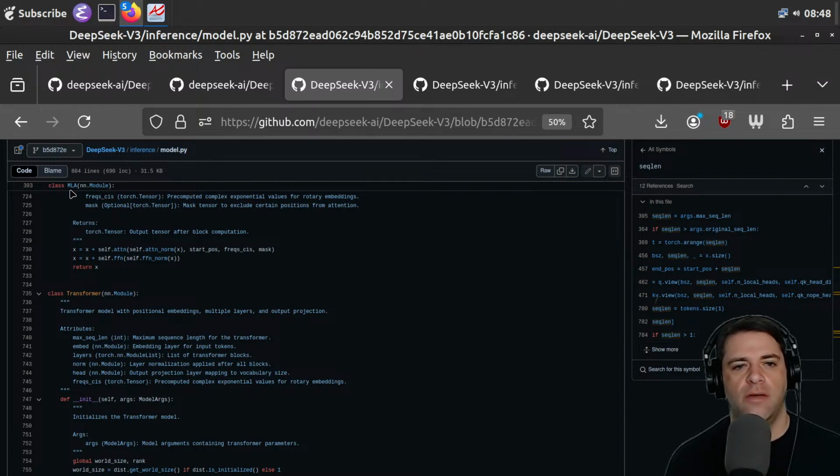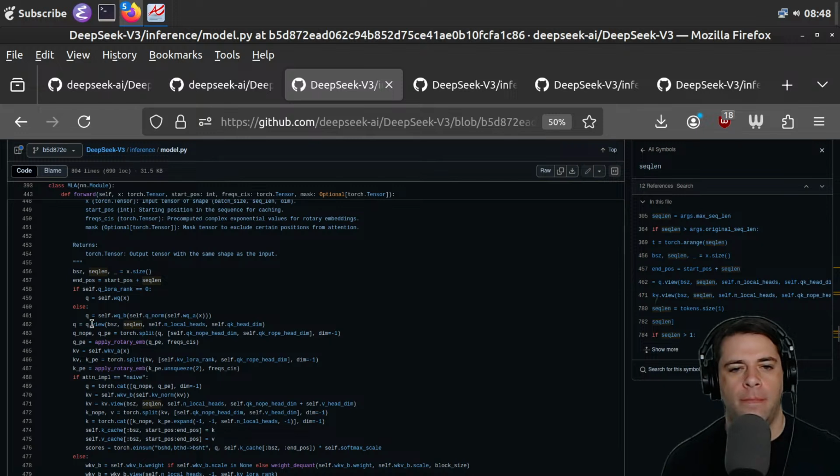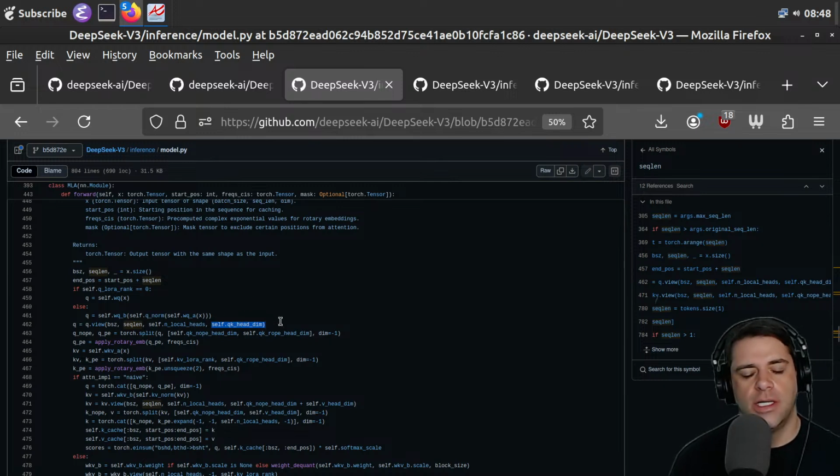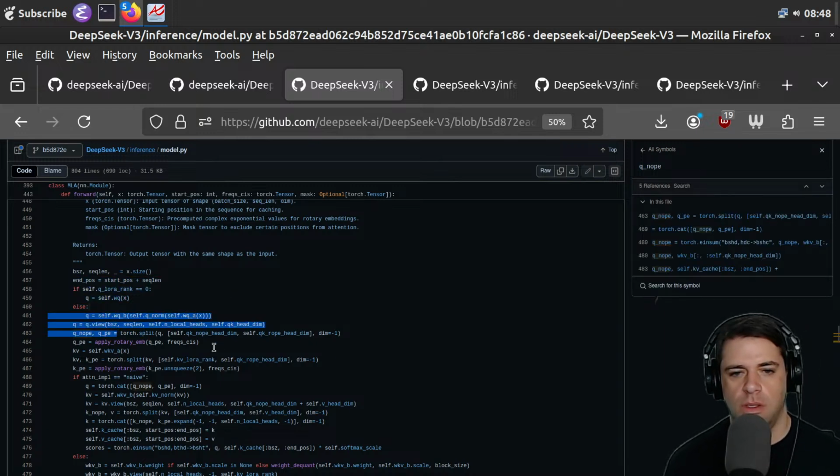I want class MLA, right? And the dimension of the query key heads, I guess. Then we're going to call torch split on the queries, which we just computed, passing in something about, I don't know what nope is.